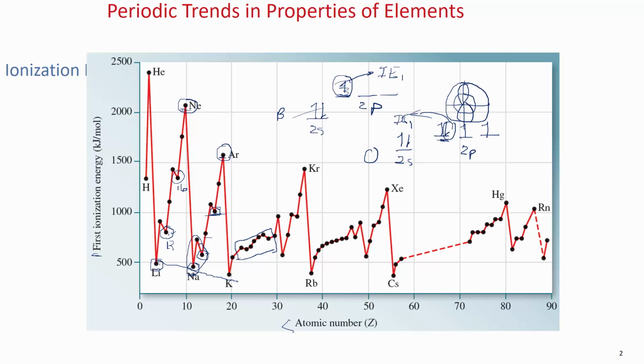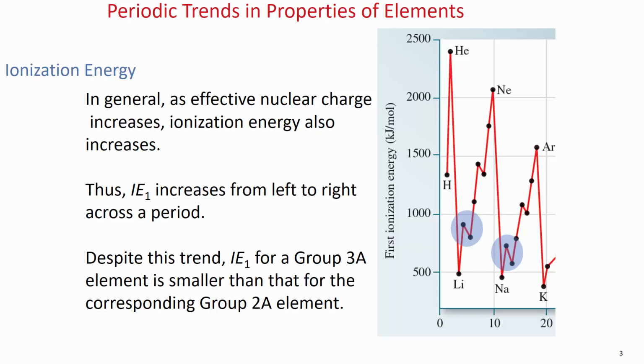It costs you energy. It always costs you energy to remove an electron, but it's less energy to remove an electron from a metal ion than a non-metal ion. And again, that's back to Z effective. Z effective is higher for nonmetals.